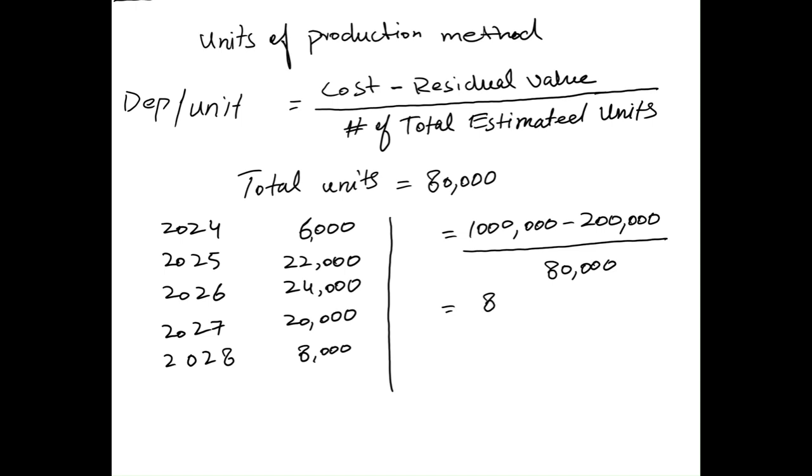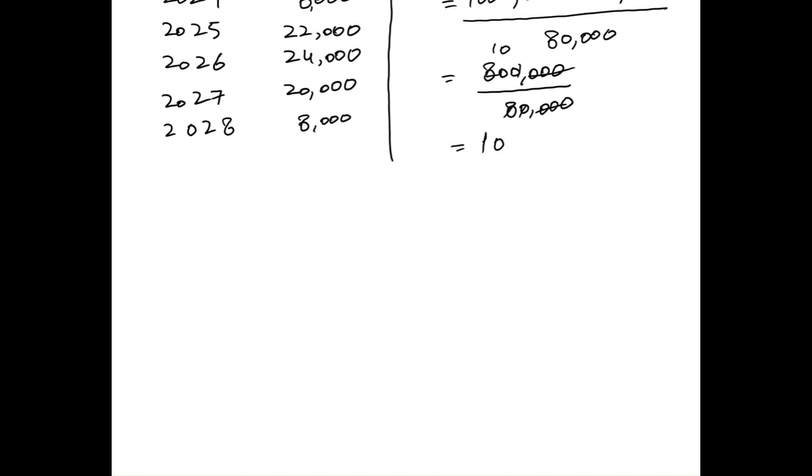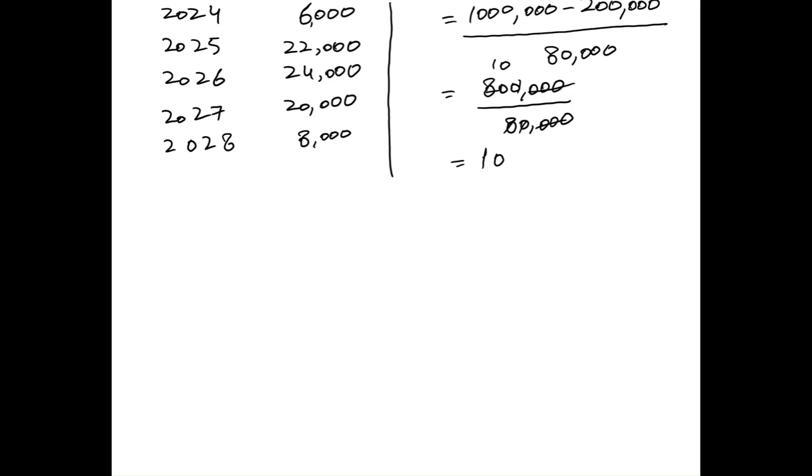So this comes out to be 800K divided by 80K. So this will be, 8 times 10 is 80, so $10. So this means that with every single unit produced by this asset, the machine depreciates by $10, or its value goes down by $10. So keep that in mind.